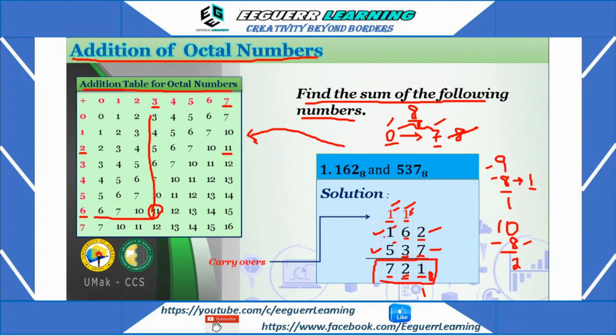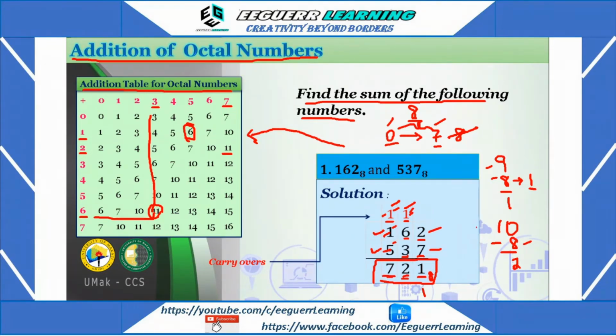So we get the number from looking at the table, 1 and 5 here, and check which is the value of 6 here. 6 plus the carry 1 will give us 7.